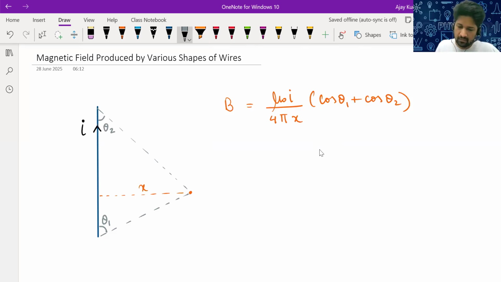You can express this result in terms of these angles as well. You can call this alpha 1 and this angle alpha 2. In many books, you find the formula in terms of these angles.